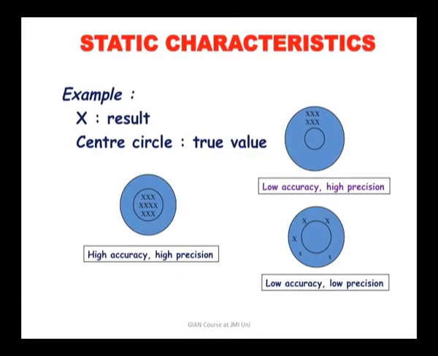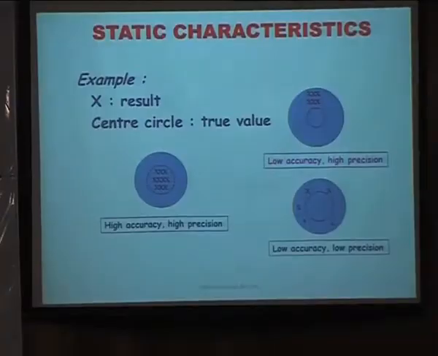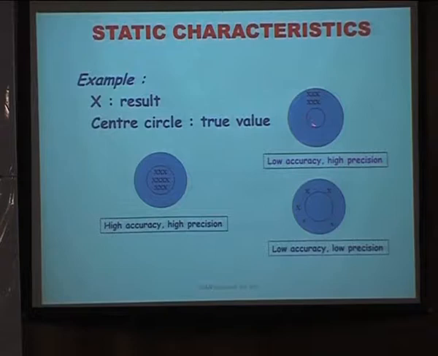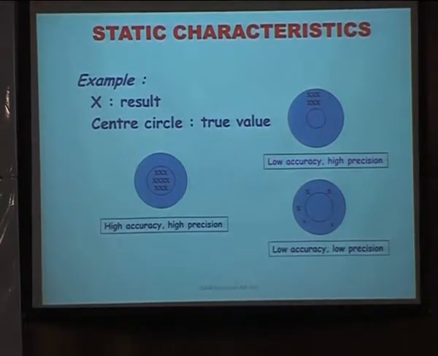Come here. If you look at the absolute value of error, maybe okay, but you do not get within that, isn't it? You do not get within that. Here, both are not valid. Clear?